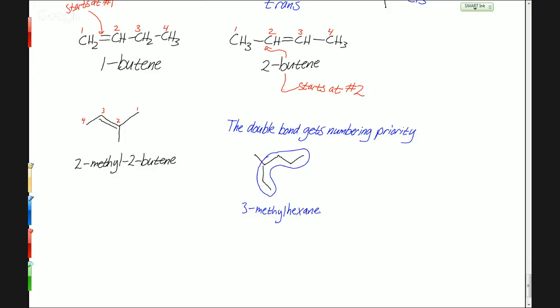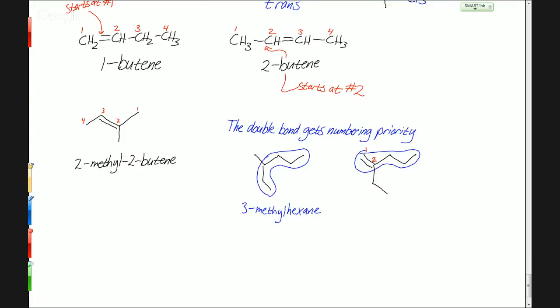Okay. Now let me draw that again, but with the double bond. This time, I'm going to put the double bond right here. Let's say that that one is actually a double bond. Well, the double bond gets the priority, so you now have to count this as the main chain instead of that longer chain. Because if we made that longer chain like we did before, it wouldn't have the double bond in it.